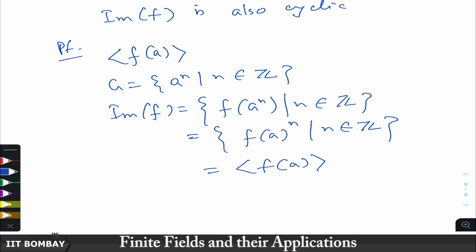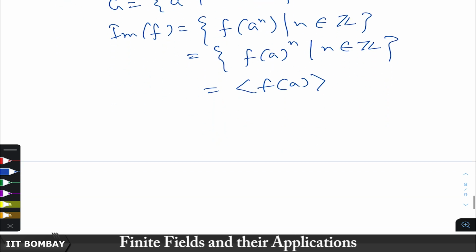Now, we will stop today after introducing some notations and terminologies which are commonly used. We say that a group homomorphism is a monomorphism if the kernel is {e_G}.